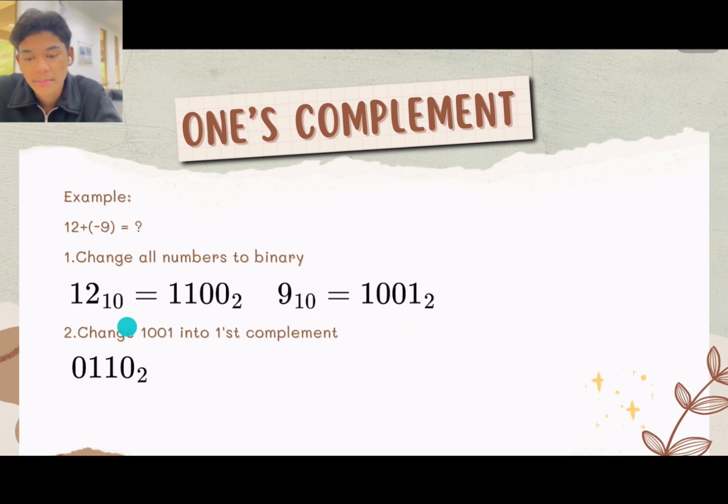So 12 in base 10 is 1100 base 2. 9 in base 10 is 1001 base 2. Now, what we are going to do is change the negative decimal number, which is 9 base 10, equal to 1001 base 2, to its 1's complement, meaning that we need to change the zeros and ones. So after changing, we should be able to get 0110 base 2.